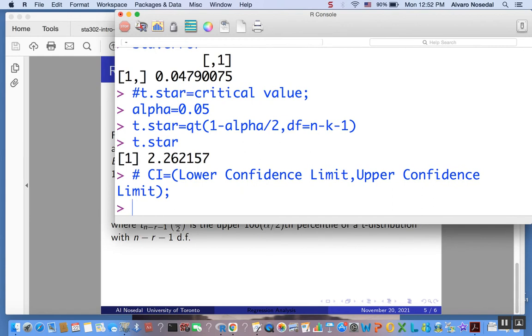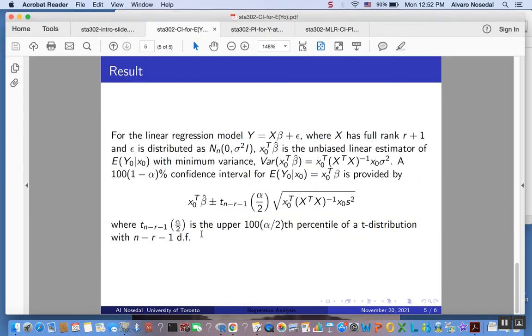Okay, so the lower confidence limit is going to be just our point estimate minus that margin of error, and the margin of error is just that critical value times that standard error.